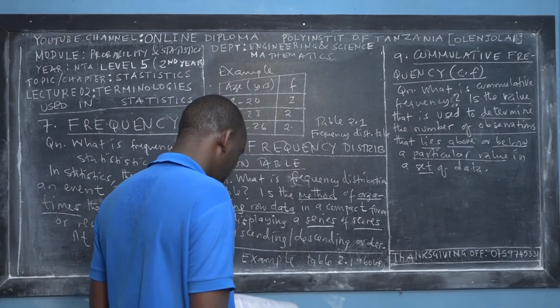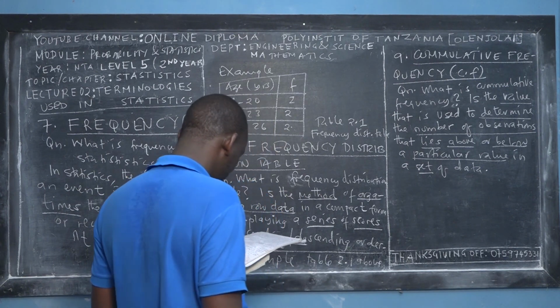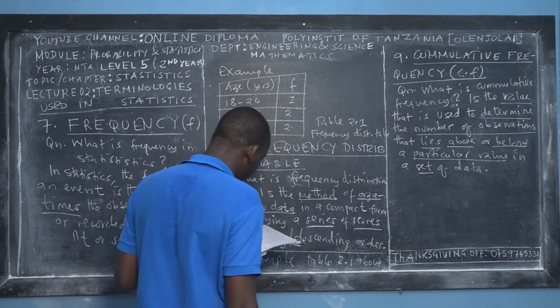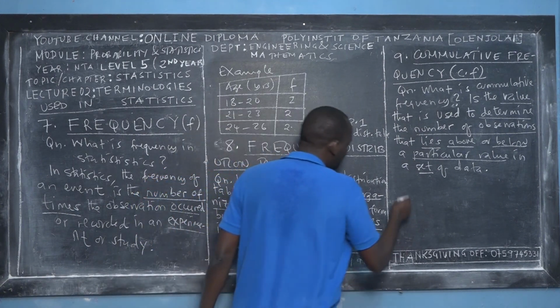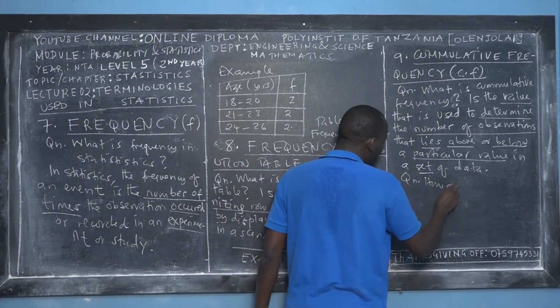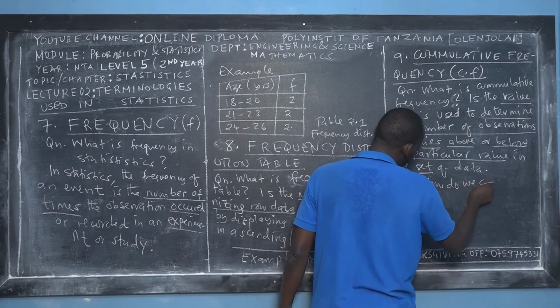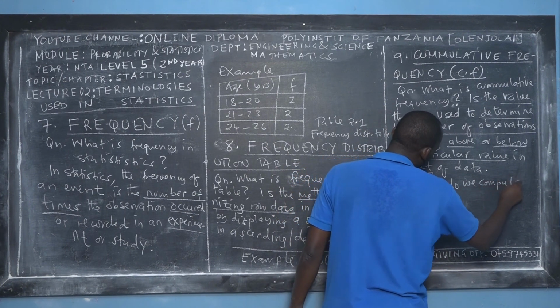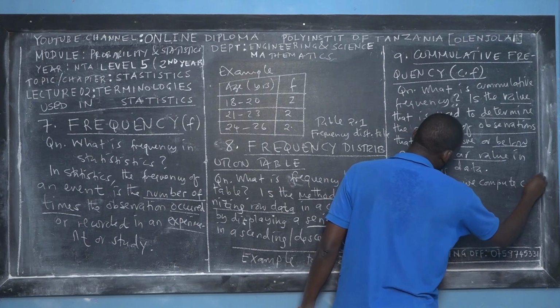That's the meaning of cumulative frequency. So how do we find it? How do we compute cumulative frequency?